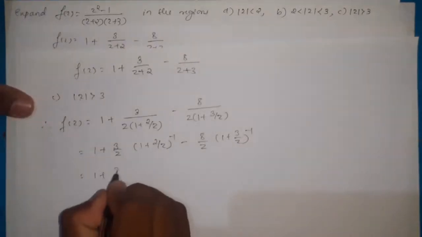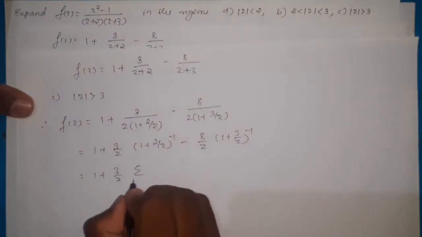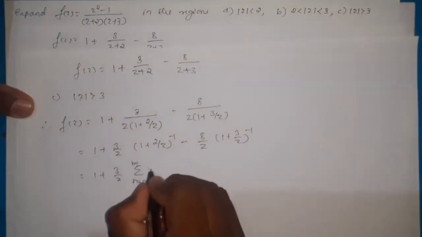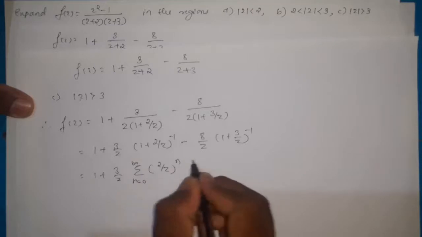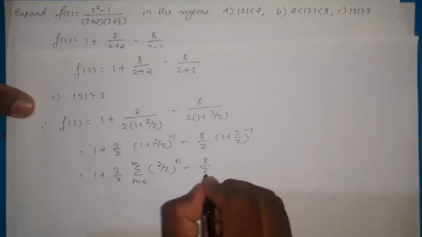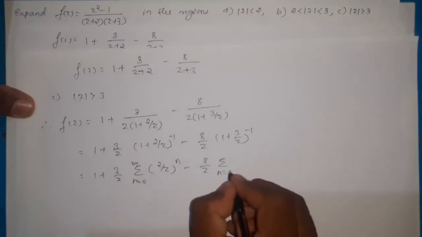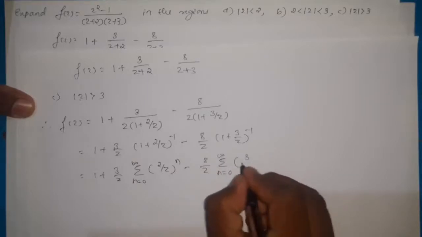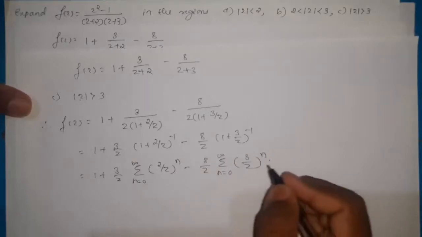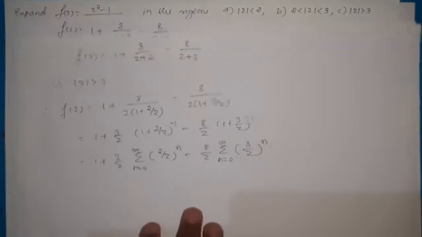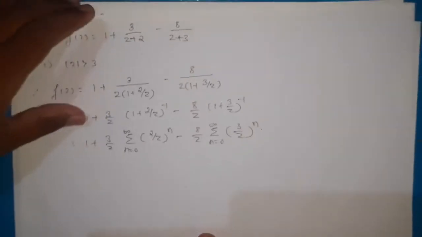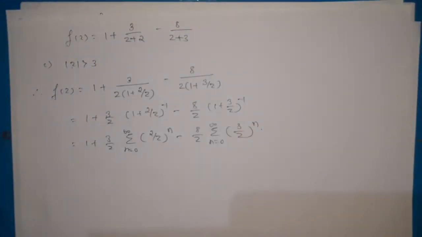Then it is 1 plus 3 by z summation over n equal to 0 to infinity 2 by z whole power n, minus 8 by z summation over n equal to 0 to infinity 3 by z whole power n. So therefore this is the way to expand the Laurent and Taylor series.